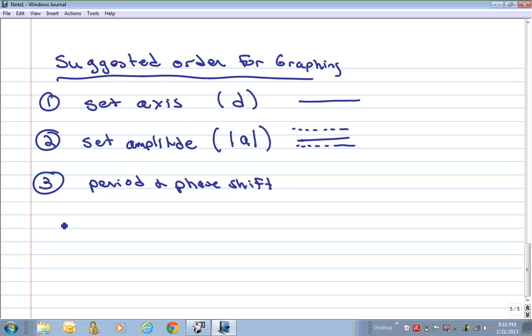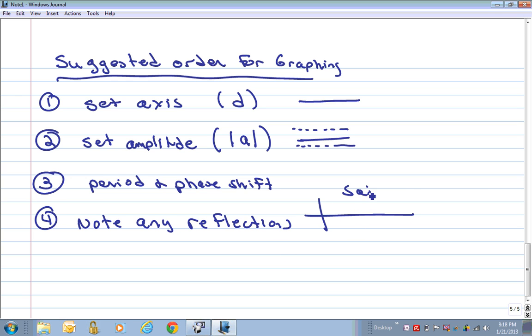And then finally, you want to also note any reflections. So in a sine graph, traditionally where you start at the axis, you would continue to start at the axis, but if it was reflected, you would go down instead of up first, and your function would look like this.